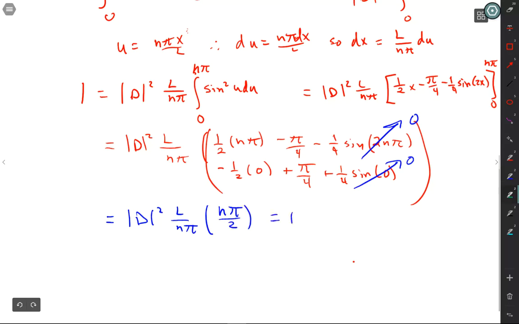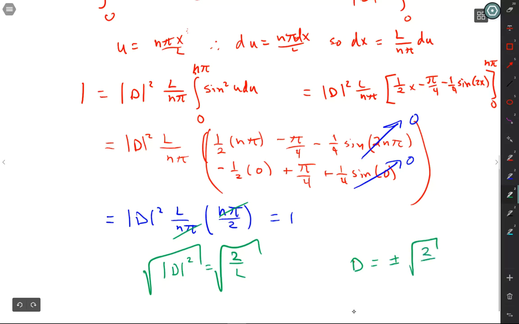Cancel the n pi's. And I can solve this for D mod squared is equal to 2 over L. Square root both sides. And I have D is equal to plus or minus square root of 2 over L.